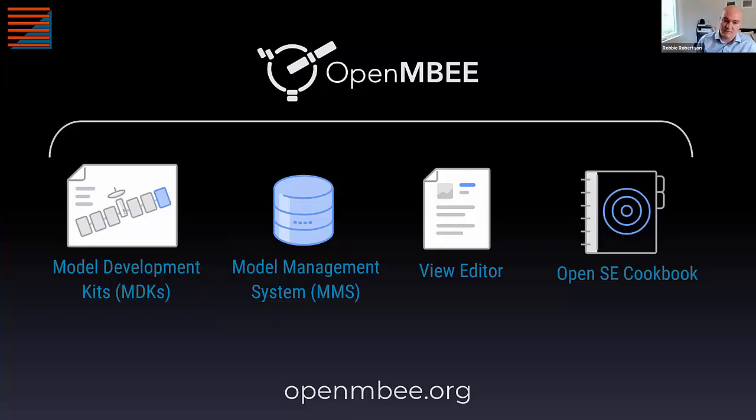It allows for storage of the structured data, and also artifacts, and we utilize both of those capabilities. And then View Editor is a web-based tool for creating shared documentation, and we can connect that documentation to the structured data and artifacts from the model management system.